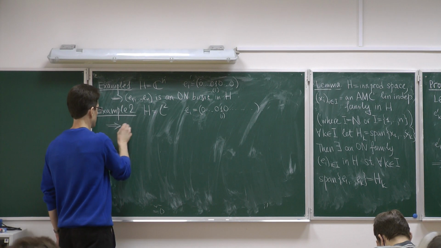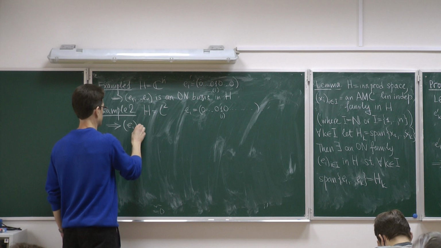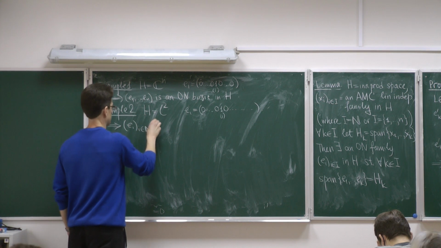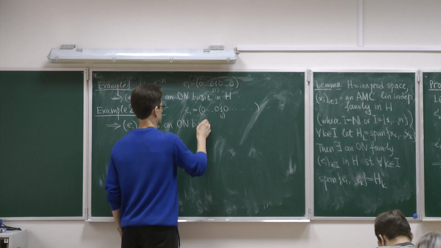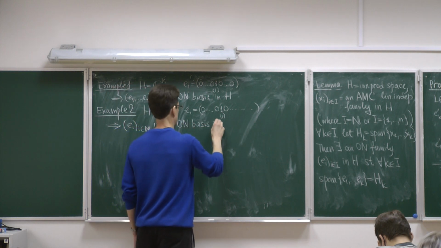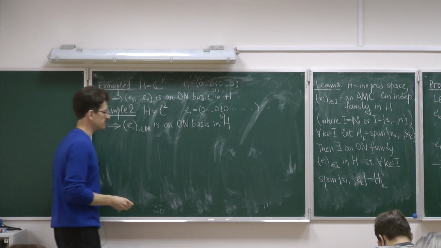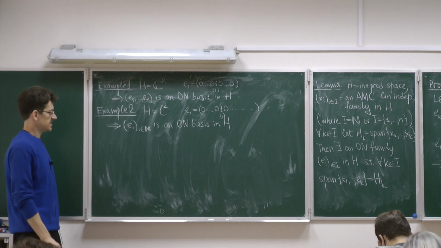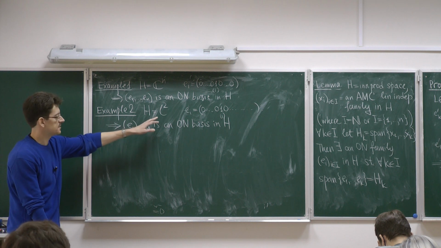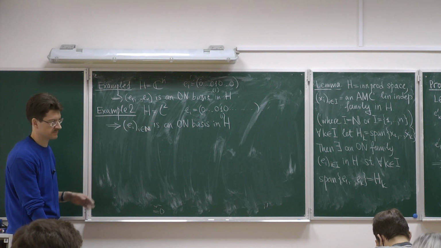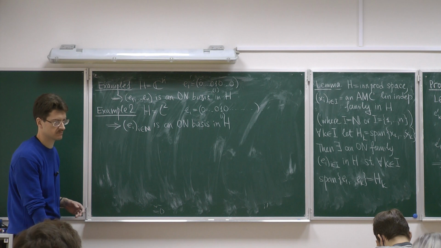Well, it's more or less immediate that Ei is an orthonormal basis in H, simply because if we take the linear span of all these vectors, we get the space of finite sequences, the sequences which are eventually zero.